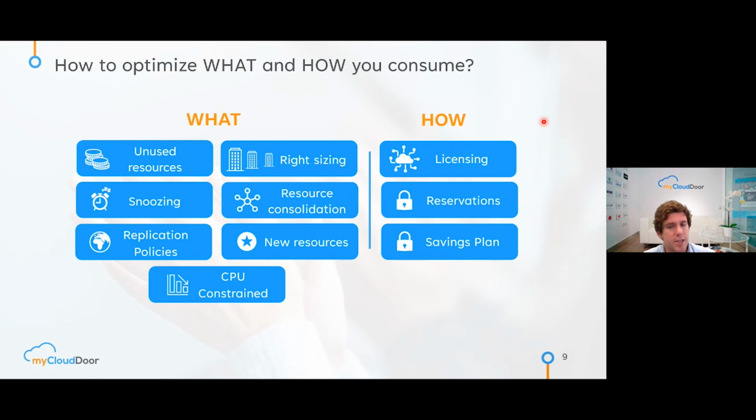Both reservation and savings plan are really important. Both of them come with a commitment of 1 or 3 years with the provider, but here you are able to get extremely high discounts, even up to 70% on your computing resource, which is really, really interesting. So let's see each of them and see how we can implement it.